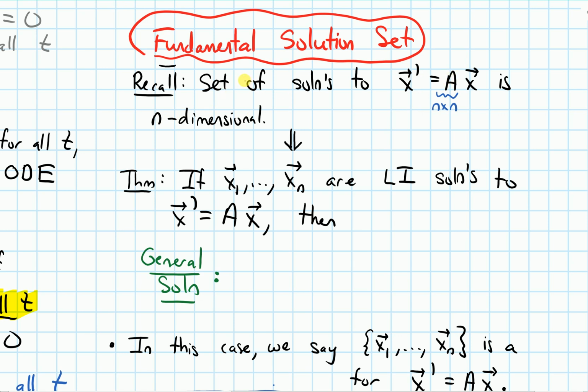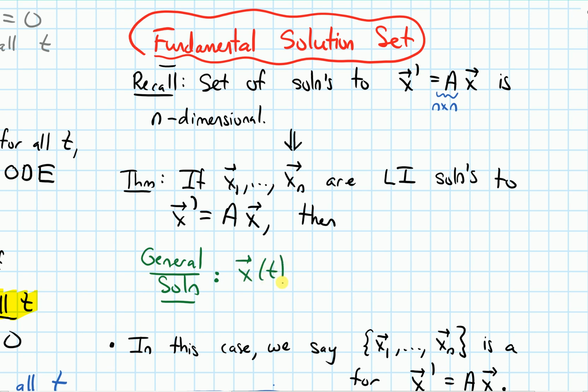Okay, so that fact is going to tie into this next theorem. This next theorem says, well, if we can find those n linearly independent solutions, and if we call them x1 up to xn, to our system x prime equals A times x, then we can write down the general solution. So the general solution should have the form, I'll call it x vector of t.